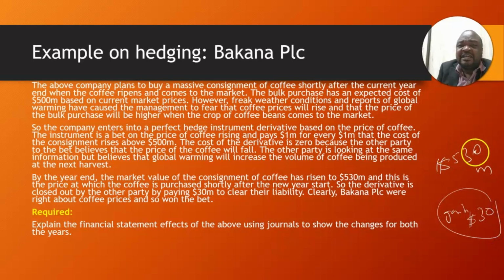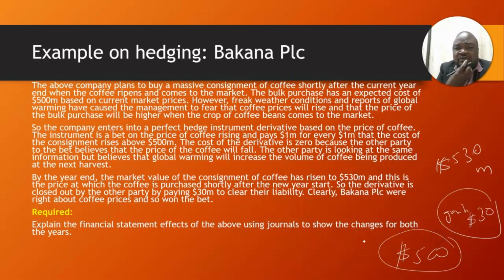So in essence, the economic exposure would have been only 500. The cash outflow exposure should only amount to 500 million because this is an inflow, which is a gain in a way, because the other party who was predicting that coffee prices would fall was found to be on the wrong side. So he is the one who is to pay us.